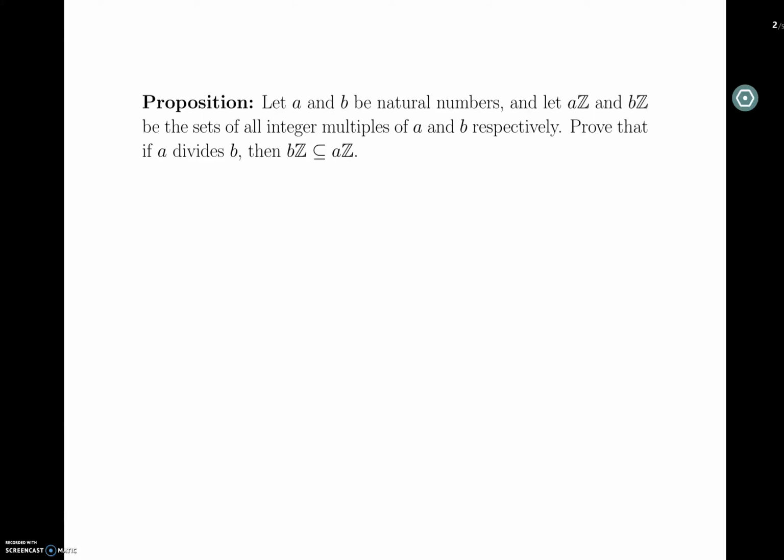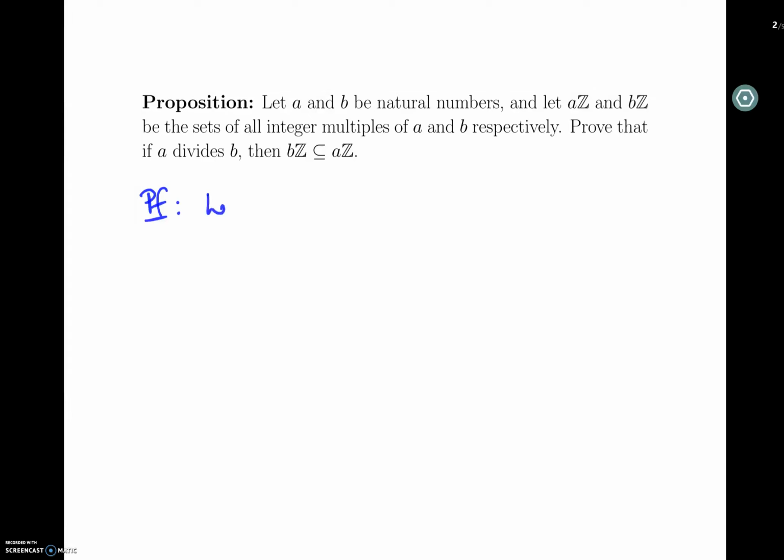We're going to let a and b be natural numbers, and we're going to let aZ and bZ be the sets of all integer multiples of a and b respectively. We're going to prove that if a divides b, then bZ is a subset of aZ. So, our proof will go direct.